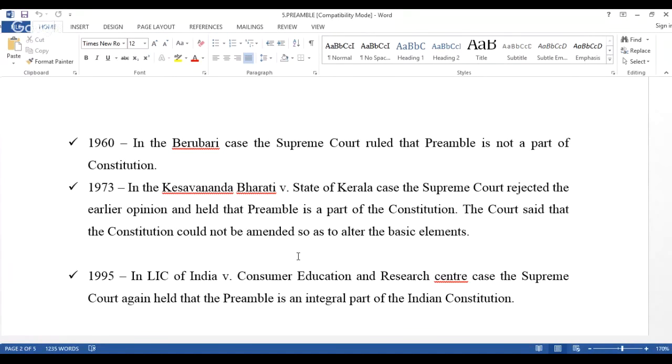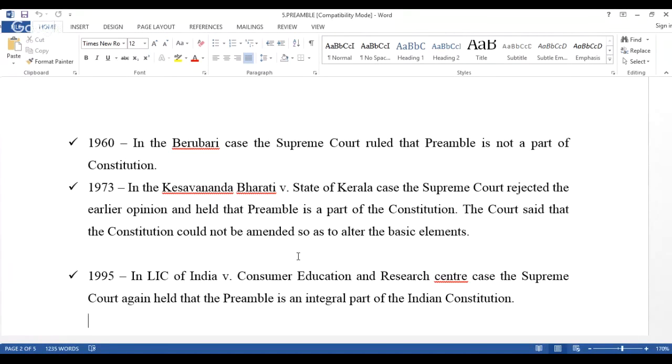The court said that the Constitution could not be amended so as to alter the basic elements of the Constitution. Again, in 1995, in the LIC of India versus Consumer Education and Research Center case, the Supreme Court again held that the preamble is an integral part of the Indian Constitution.